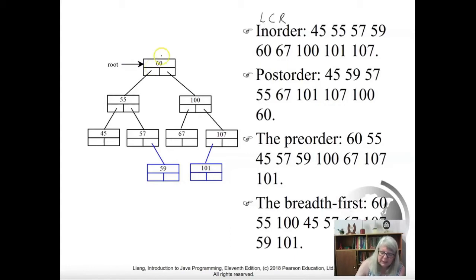But this left is now our current, so it's recursively. So go left. Okay, so this left is the leftmost, so we start with 45. But there's no left to continue with. Now we do current. And our current is this 55 and now the right.